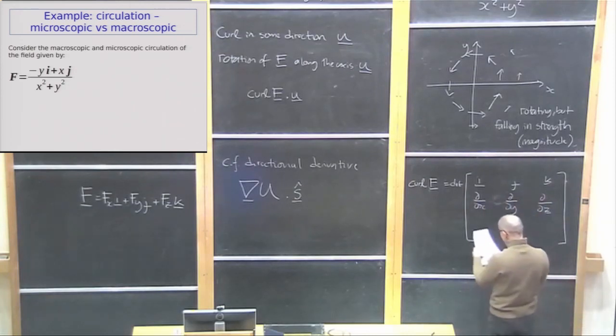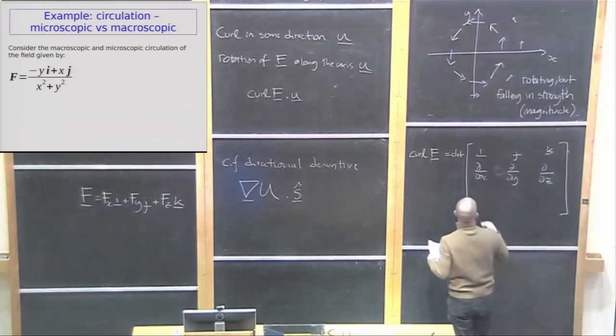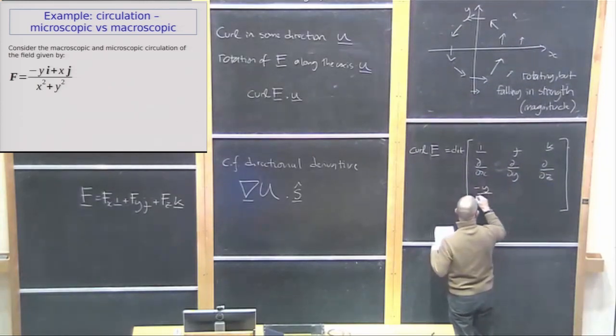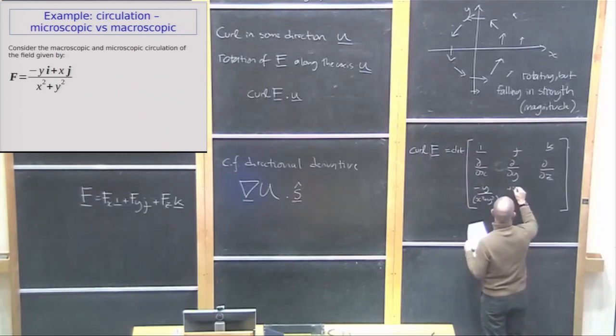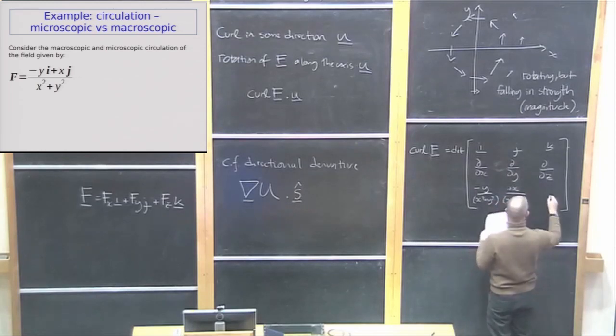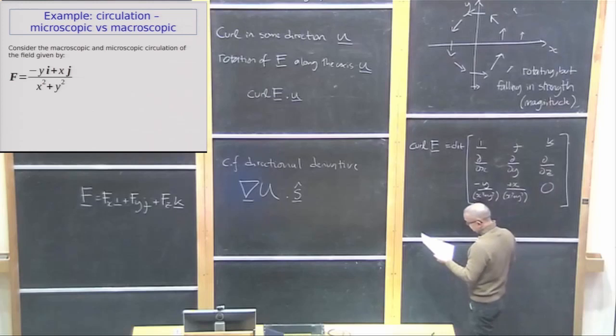Now my x component is minus y over x squared plus y squared, and my y component is plus x over x squared plus y squared, and I have no k component.